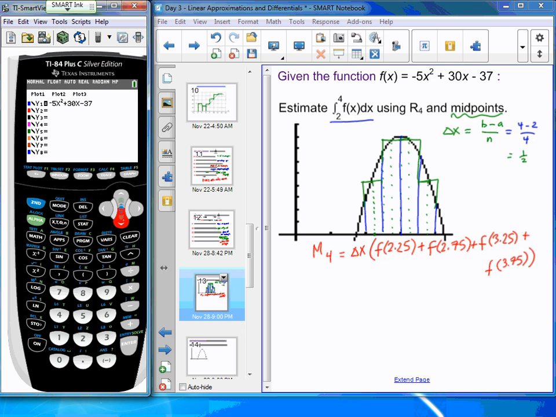That will allow me on my home screen to do my delta x, 1/2, times quantity, bars, y1, 2.25.